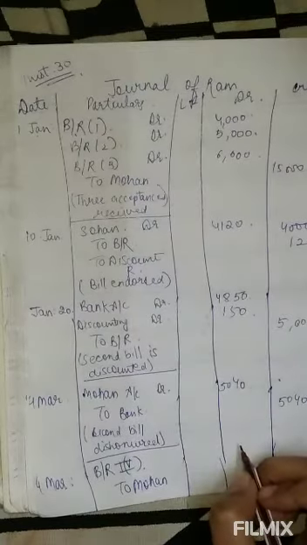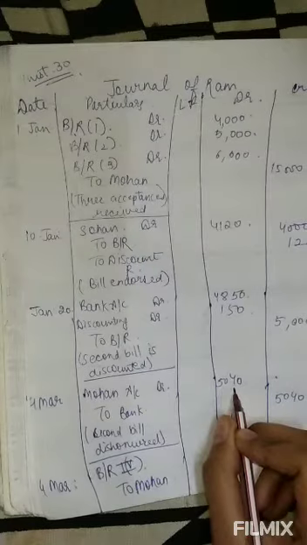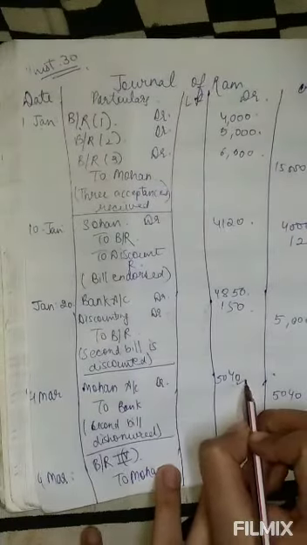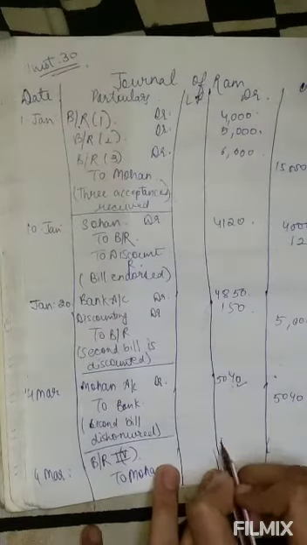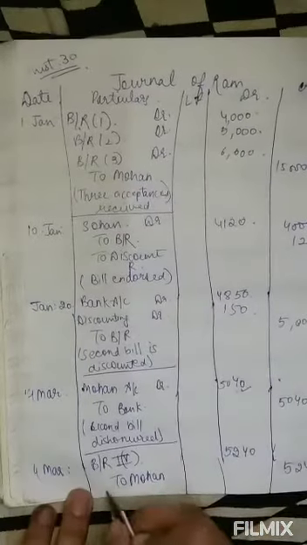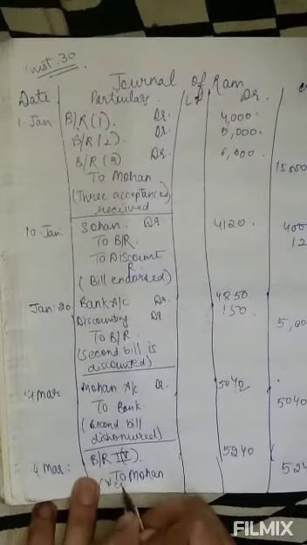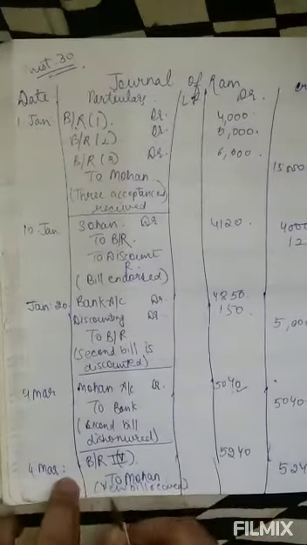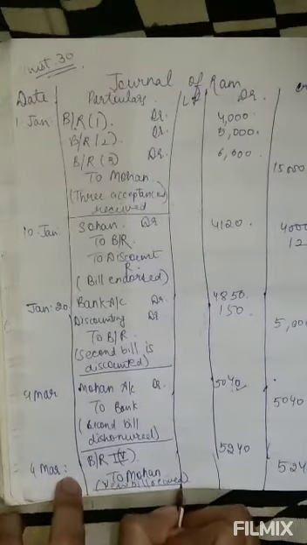It means 5,200 and 40 rupees as noting charges also. So if we have to receive 5,040 rupees and 200 as interest, it will be 5,240, and here also 5,240. This will be the new bill received, and this bill includes the noting charges as well as the interest.